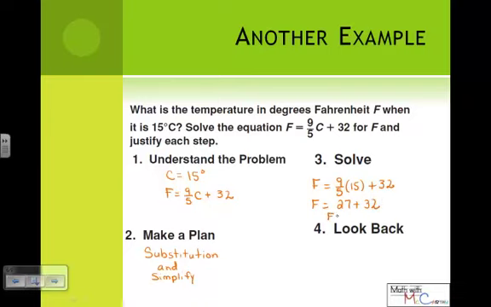And I end up with a Fahrenheit temperature of 59 degrees. So does that make sense? Yes, if the Celsius temperature is 15 degrees and we're going to take 9/5 of it, which is more than one of it, and we're going to add 32 to it, we should end up with something that is bigger than 15 degrees, and then 59 degrees makes sense as our answer.